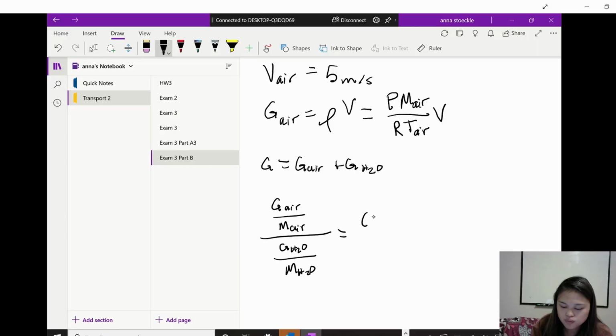Set that equal to 1 minus the mole fraction of the water vapor, because that will give us our mole fraction for the air, multiplied by the total gas flow rate, and then put that over the mole fraction times the total gas flow rate, because that will give us our gas flow rate for the water vapor.